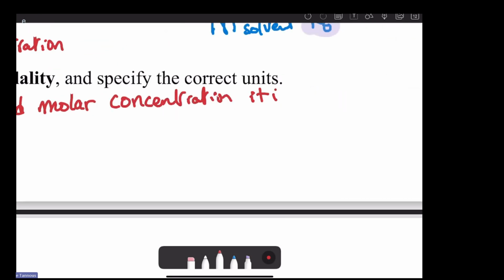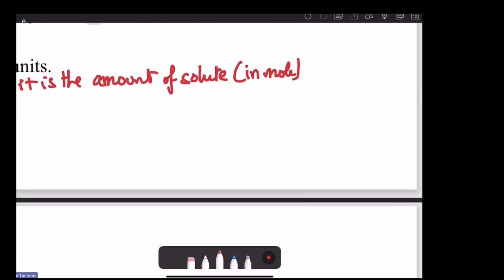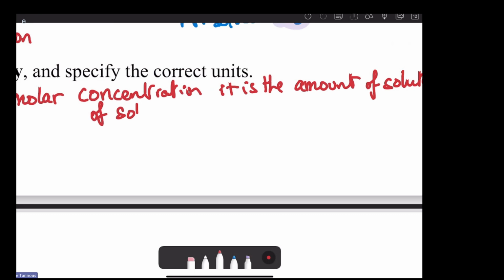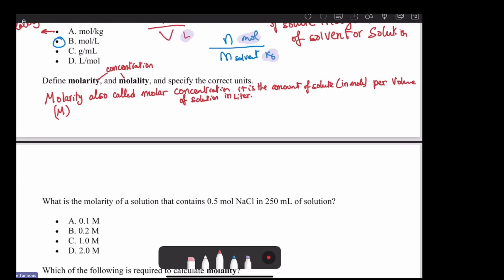It is the amount of solute in moles per volume of solution in liter. So molarity is also called the molar concentration. It's the amount of solute in mole per volume of solution.